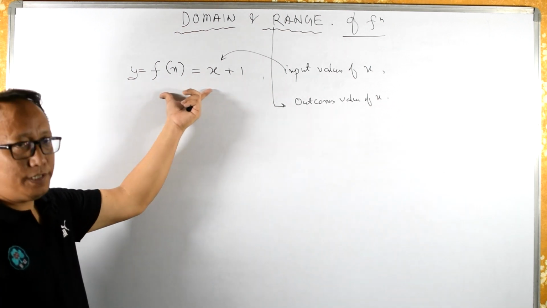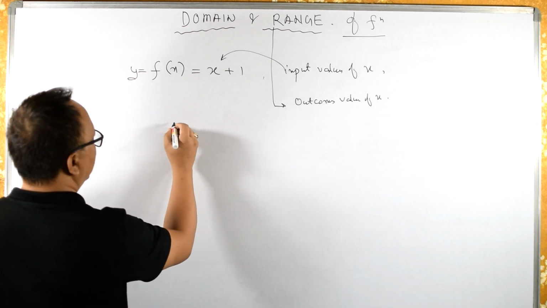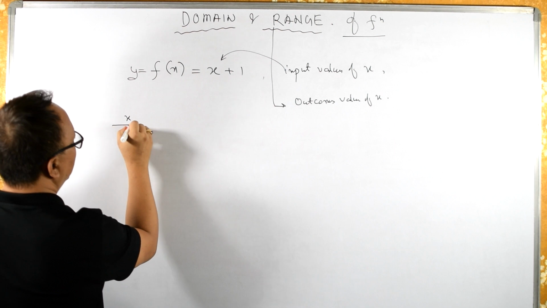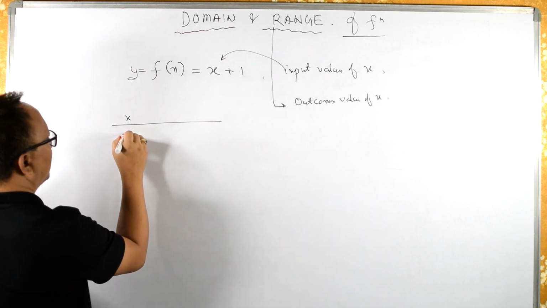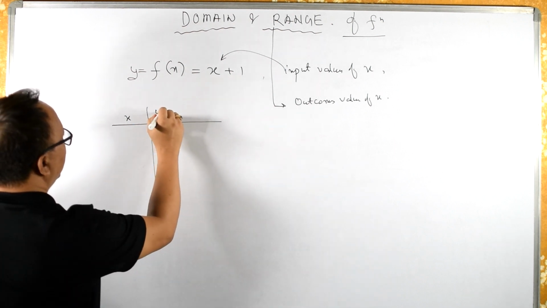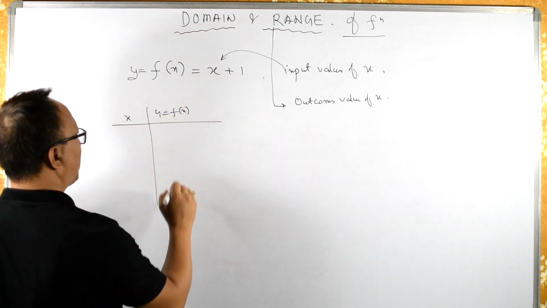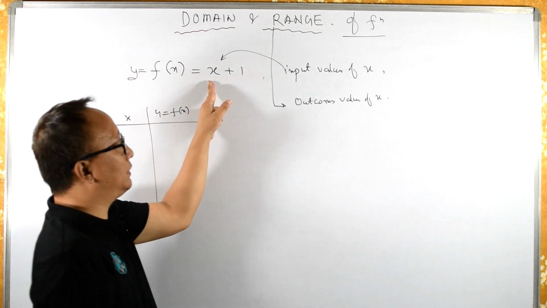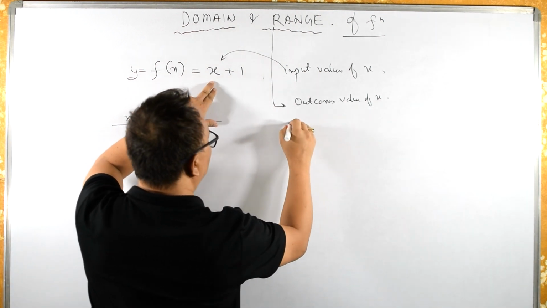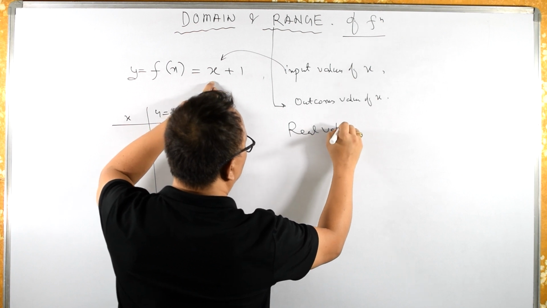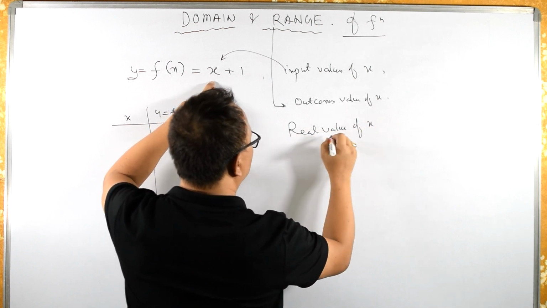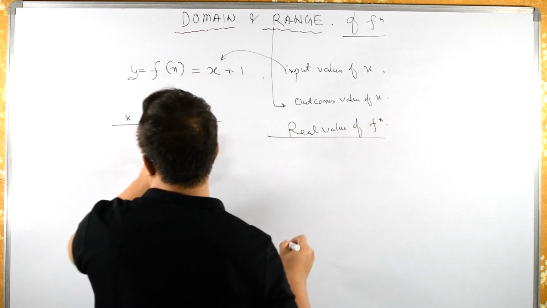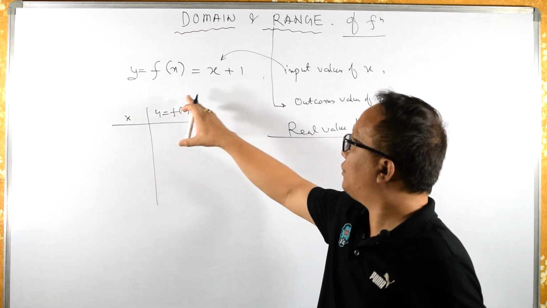Let's take an example for this. Let's make a table: x over here, and then y = f(x) over here. Now, for all real values of x, a real value function, I can choose any number over here.